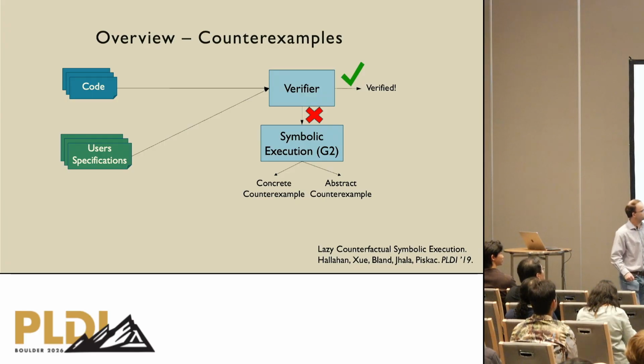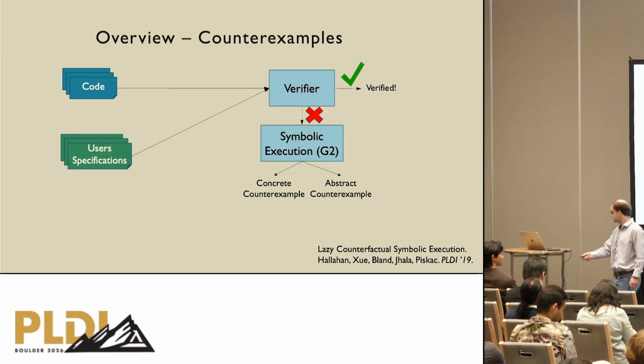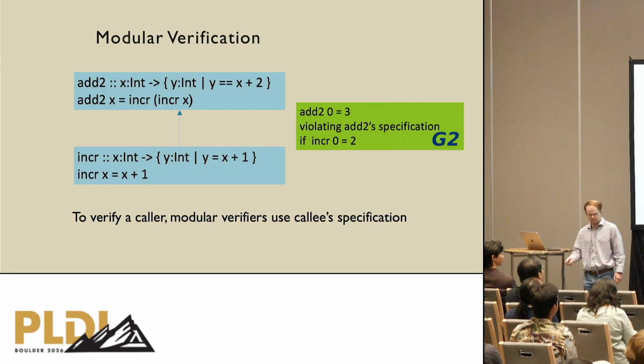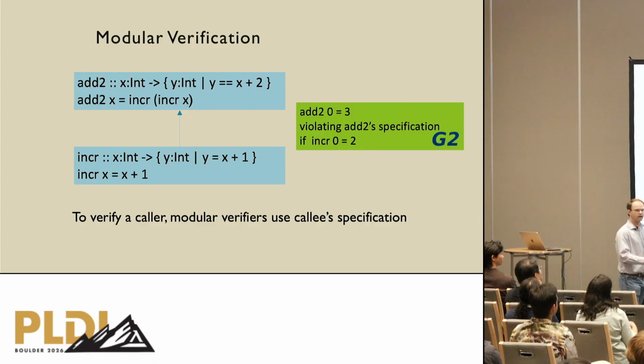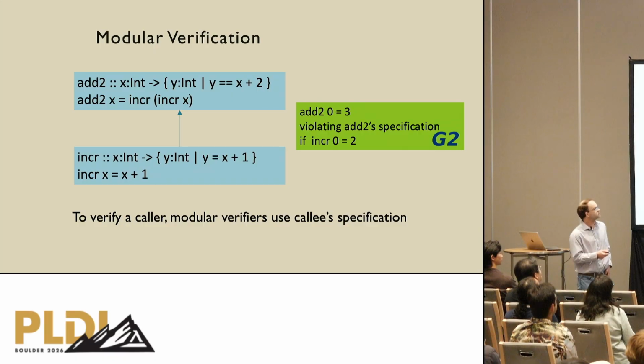And so we came up with this notion we call an abstract counterexample to illustrate this kind of mistake. To show what an abstract counterexample is by example, here's an abstract counterexample for this add 2 case. It says that add 2 of 0 is equal to 3, violating add 2 specification if infer of 0 is equal to 2. So the key word here is if, right?